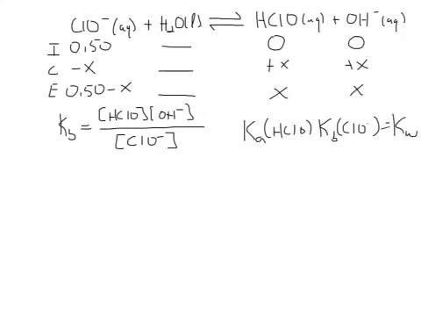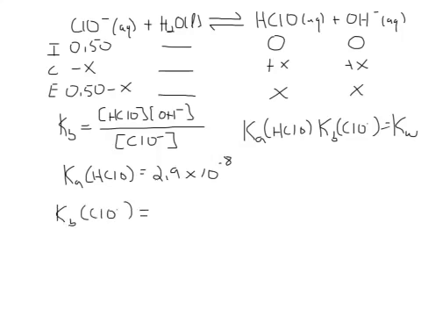So if I look at the table of acid dissociation constants in the textbook, I'll see that Ka of HClO is 2.9 times 10 to the minus 8. So if I use my relationship, that means that the Kb of ClO- is Kw divided by the Ka of HClO.